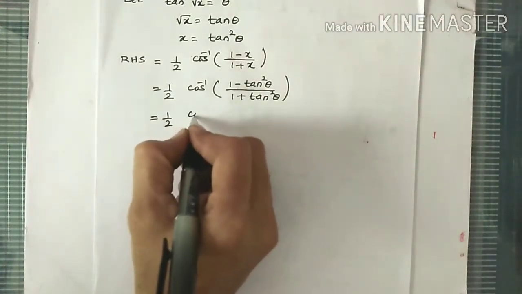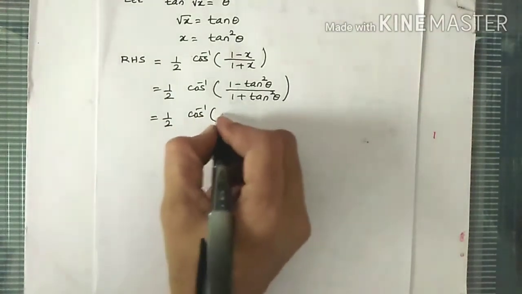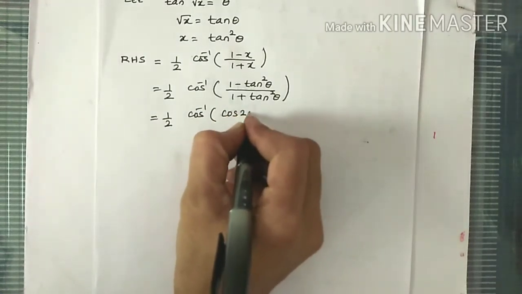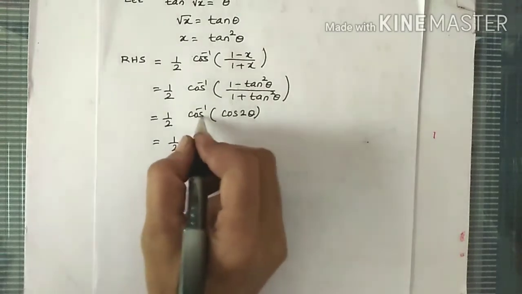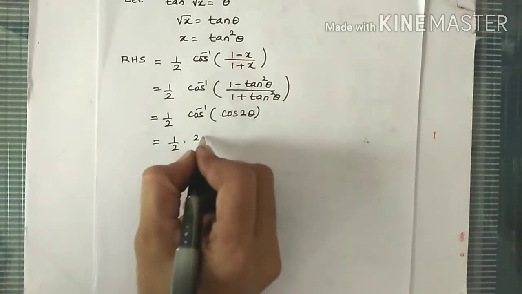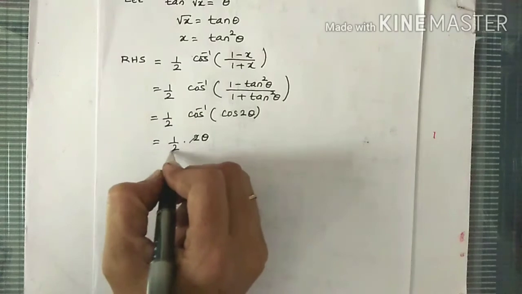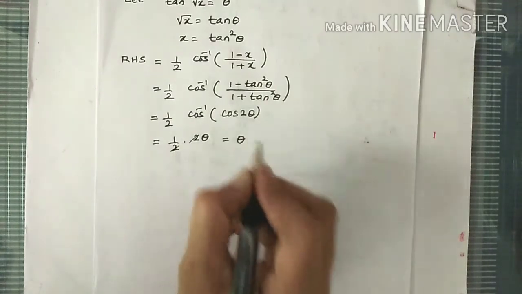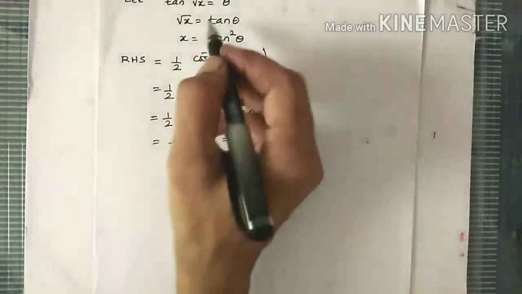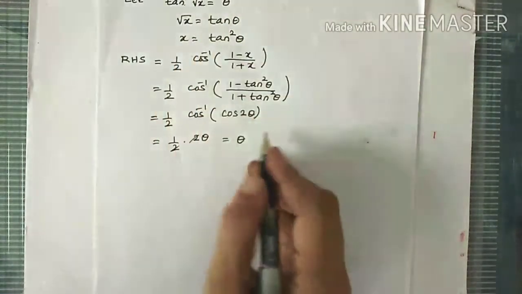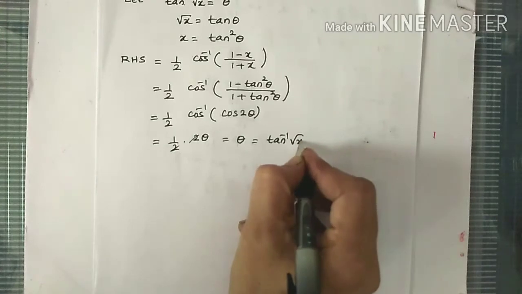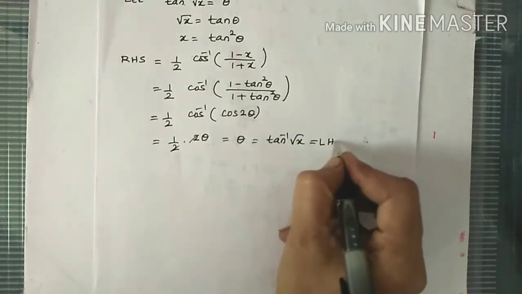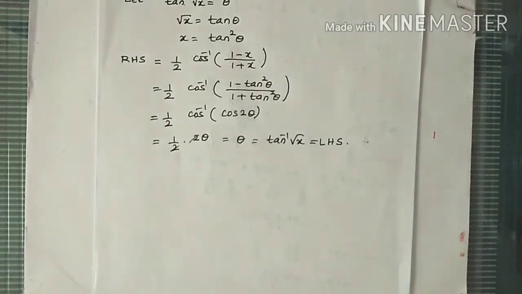So 1 by 2 cos inverse of cos of 2 theta. So 1 by 2, now cos inverse and cos cancel, we get 2 theta. So this 2 and 2 get cancelled. So we get theta. But theta is tan inverse of root x. So that is tan inverse of root x, which is our left hand side. So this is the proof.